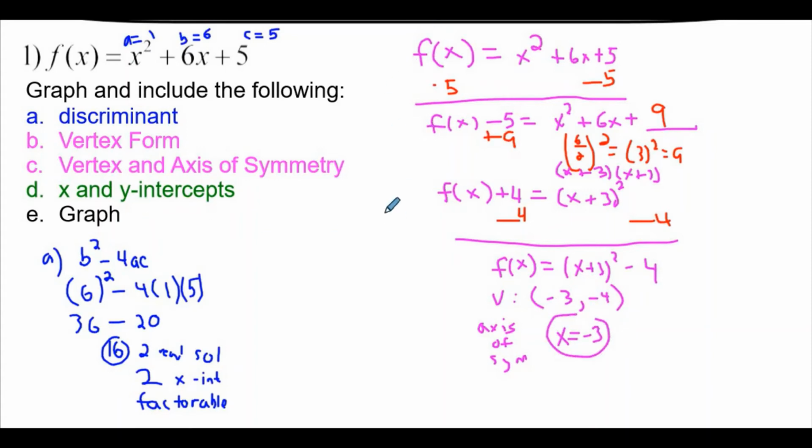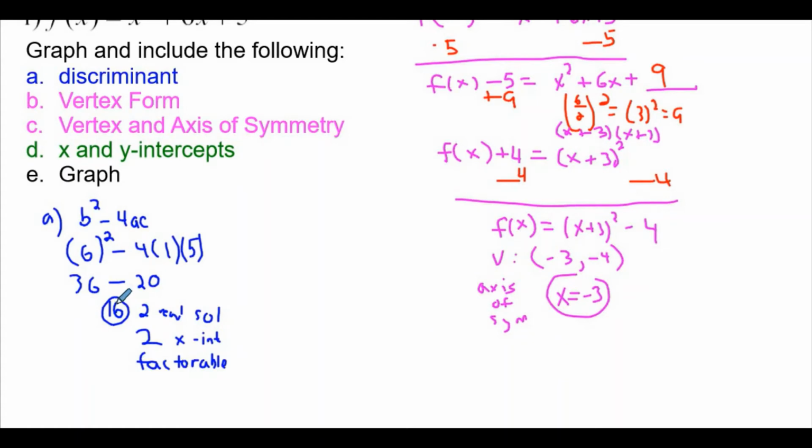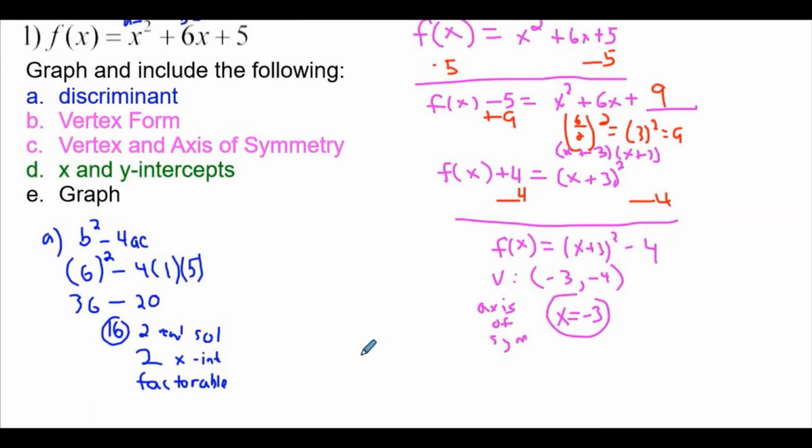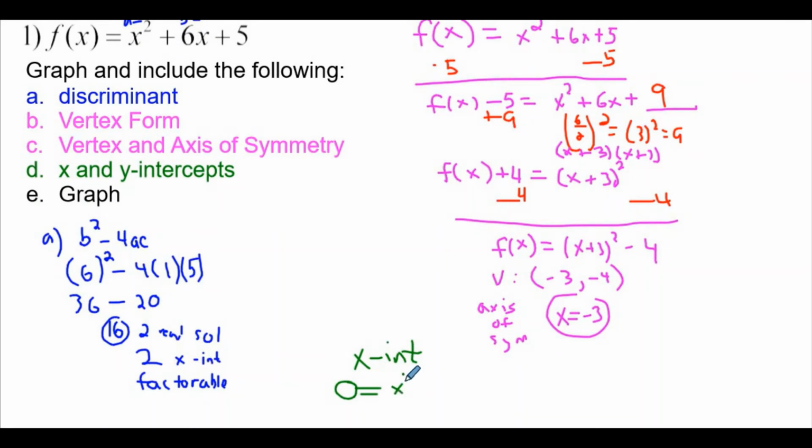So now we're going to find the x and y intercepts. And as you can see, this is just a great review of all the concepts so far from this chapter. So the x-intercepts, we know it's factorable. We're going to find the x-intercepts by setting it equal to 0. We know it factors, so this told us that. So we'll be able to do factorization pretty quickly. It is going to be 0 is equal to the original problem.